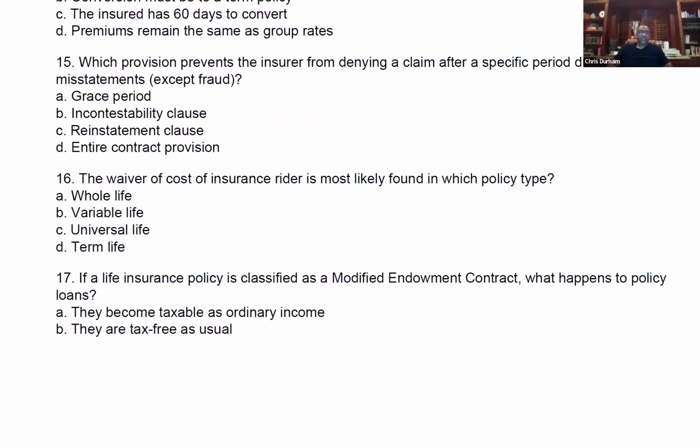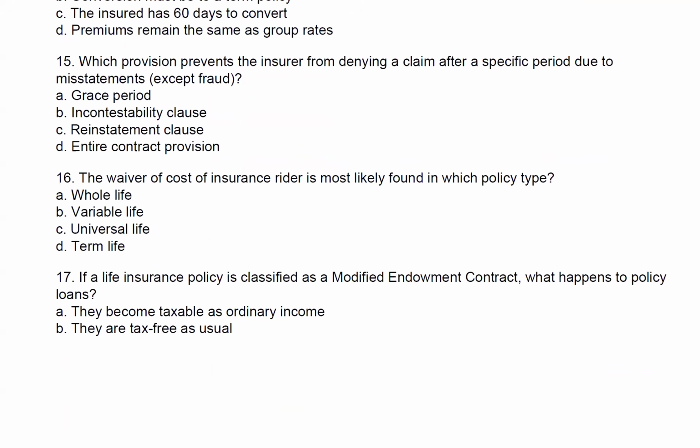16. The waiver of cost of insurance rider is most likely found in which policy type? A, whole life. B, variable life. C, universal life. D, term life.